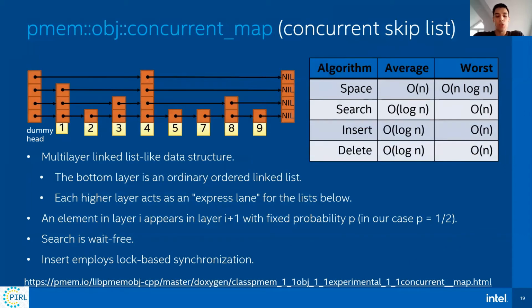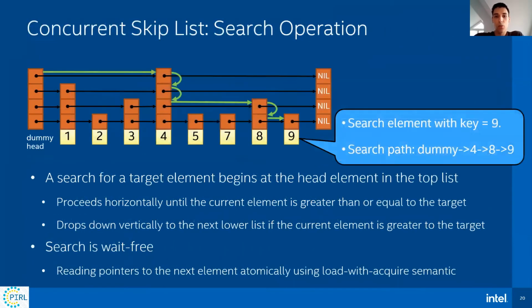In our implementation, we use locks to implement write-write synchronization. However, for read-write synchronization, we use atomic operations. Because of that, we can guarantee that the search is wait-free. So let's look at how the search operation actually works.